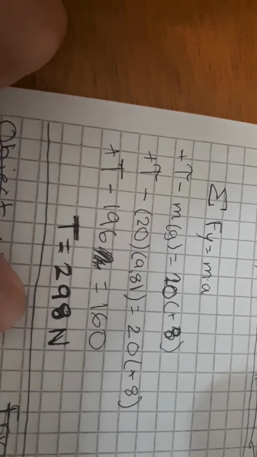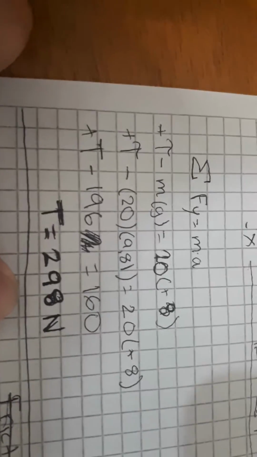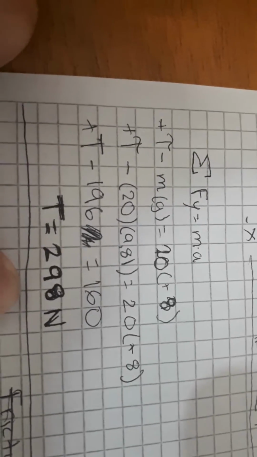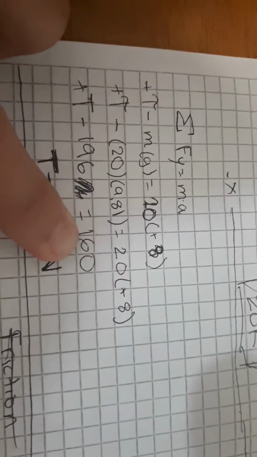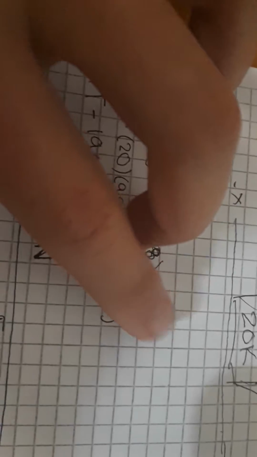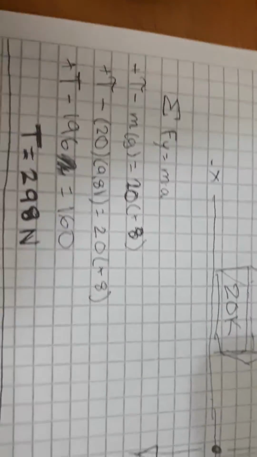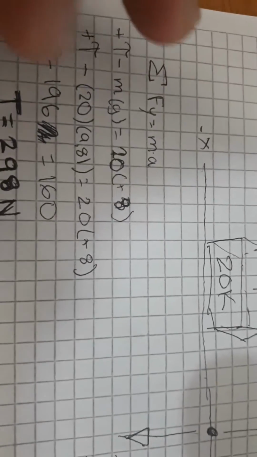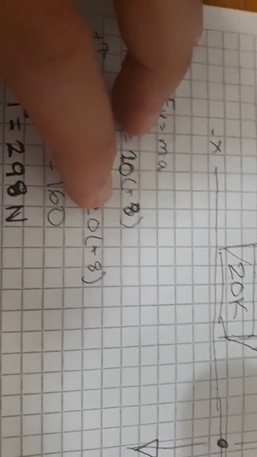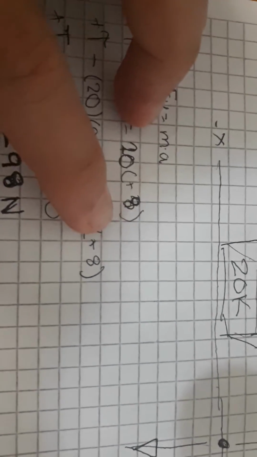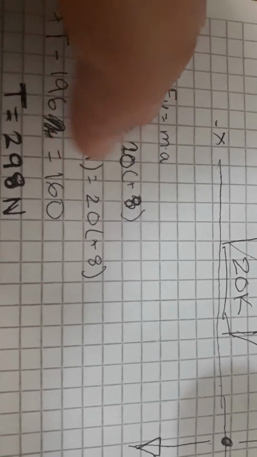This is going to be the final value. Tension is going to be equal to 298 newtons. Newtons because 8 is meters per second squared, and this is kilograms. So kilograms times meters per second squared is equal to newtons.